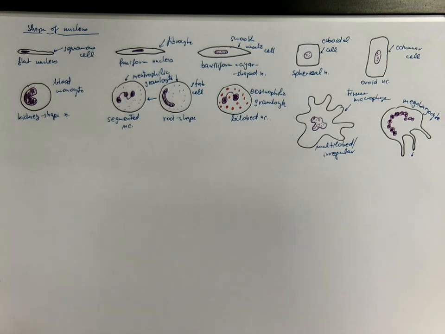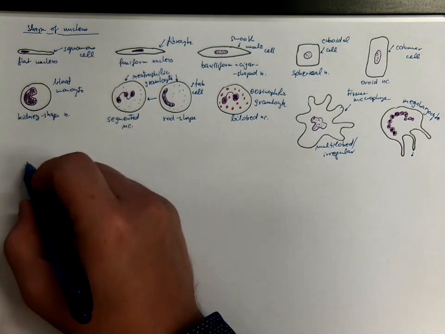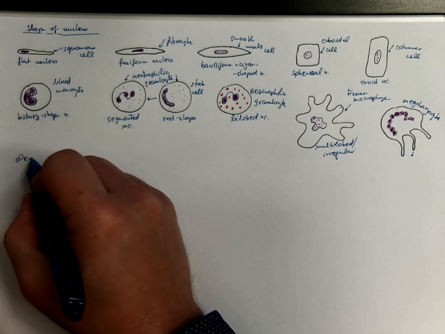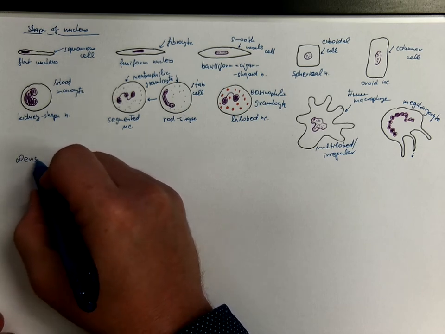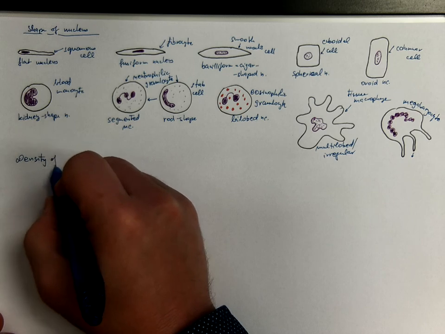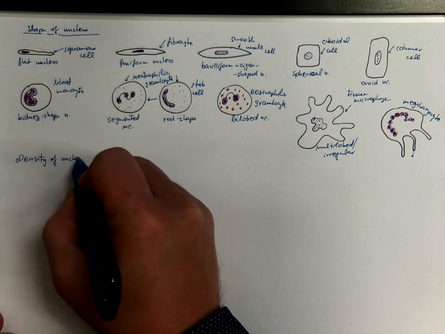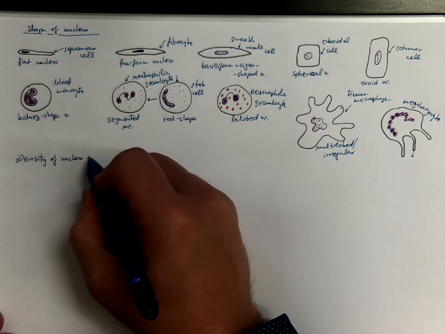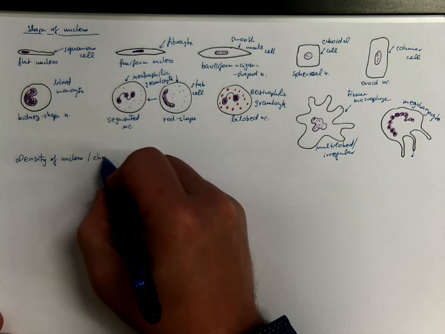Let's consider various density of the nucleus and nuclear content. The nuclear content is also called chromatin.